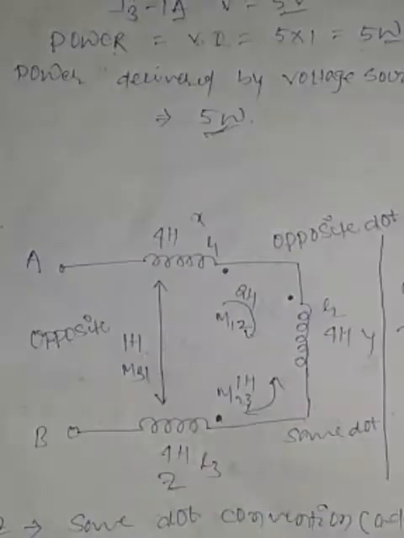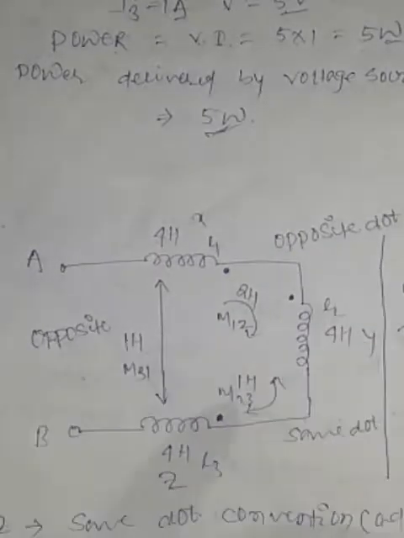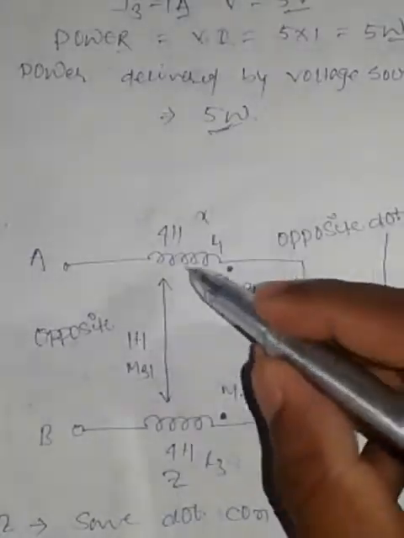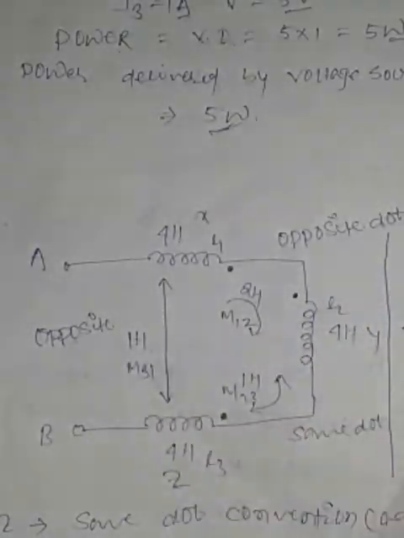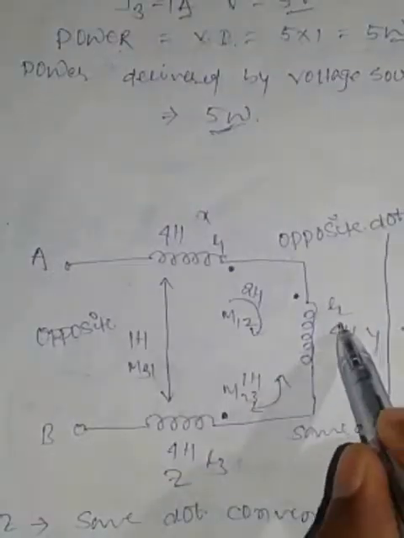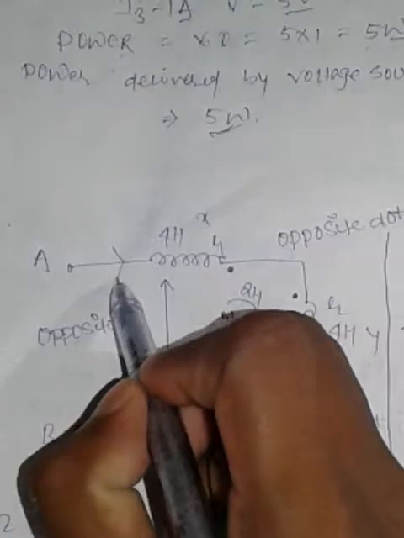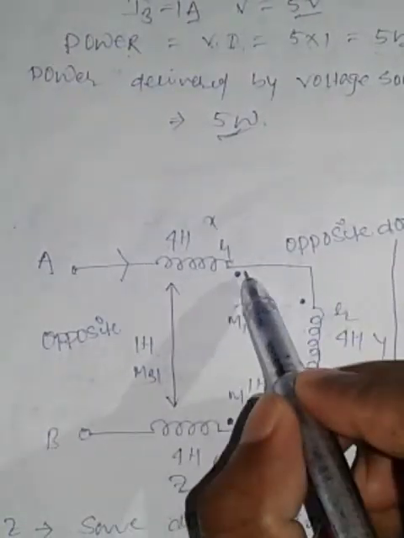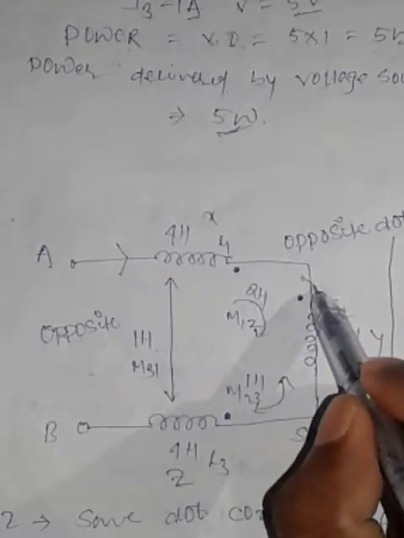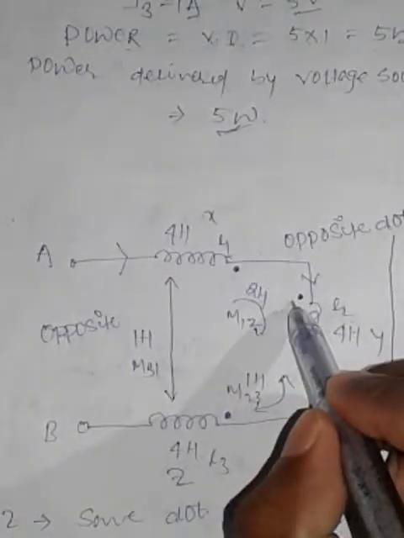In this question, we have solved the previous year questions based upon the dot convention and inductor connection. Here also it is series. According to dot convention, inductor 1 and inductor 2 are opposite, because when current enters from here, the dot is leaving here, and for 2, it is entering here. So both are opposite.